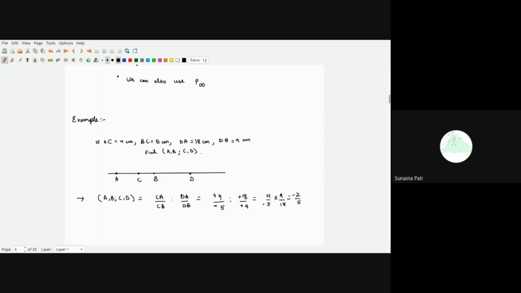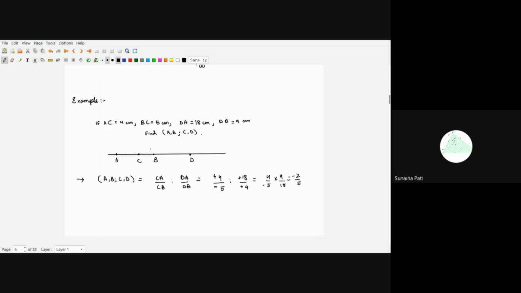I defined ABCD, that would give CA by CB is to DA by DB. Now, if you change the order on the line, then the inner thing would also change according to the order you give. Anyways, let's not confuse them.